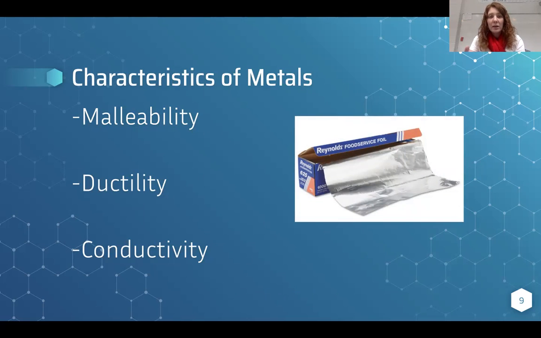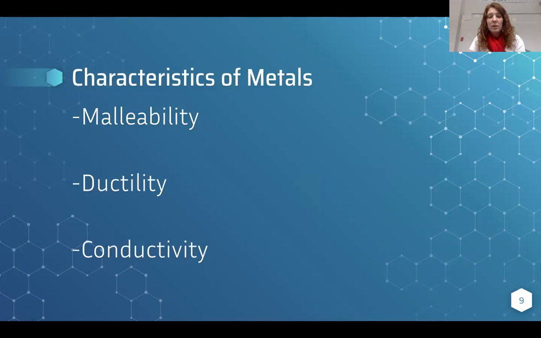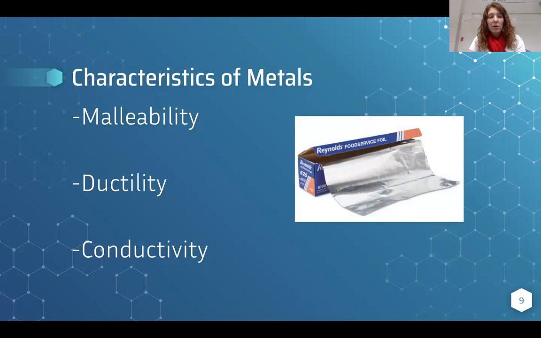Why is it able to be hammered out into sheets? It goes back to these electrons being in this sea. If we hammered on this metal, these electrons would simply move around within the sea, and the atoms could be smushed closer to one another because there's not a tight bond there. The electrons are able to move around, and the metal is able to be hammered out into a sheet.